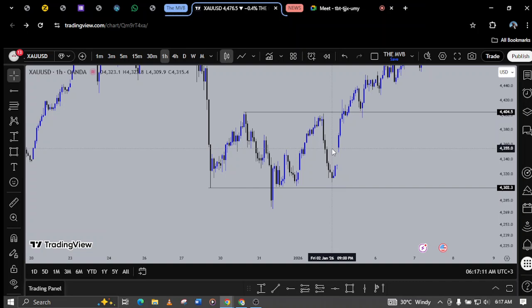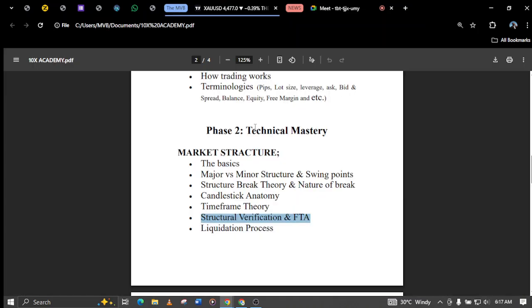One of the technical reasons we are going to study in this topic, structural verification and FTA. So don't worry about that. You can see that was our major structure, and we have several minor structures inside.